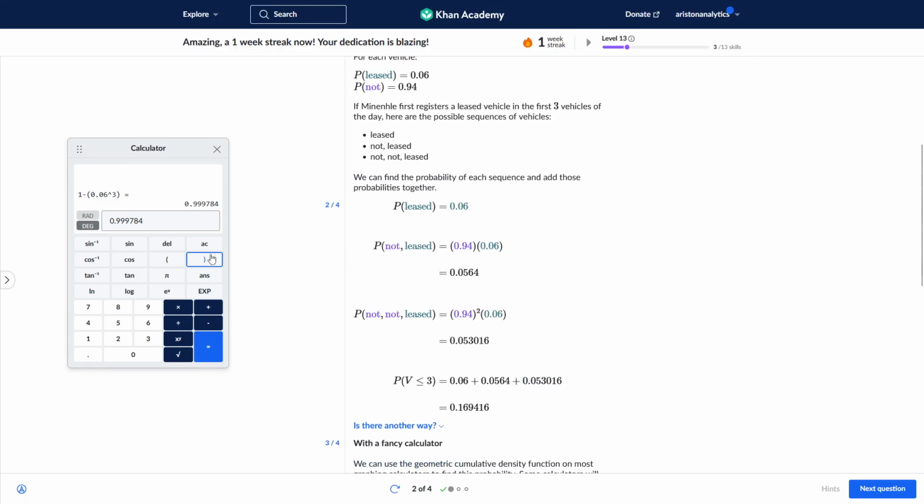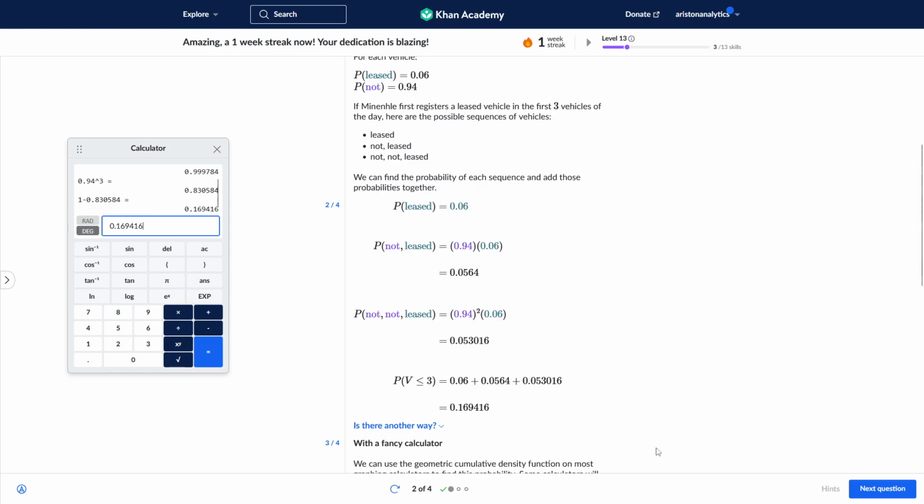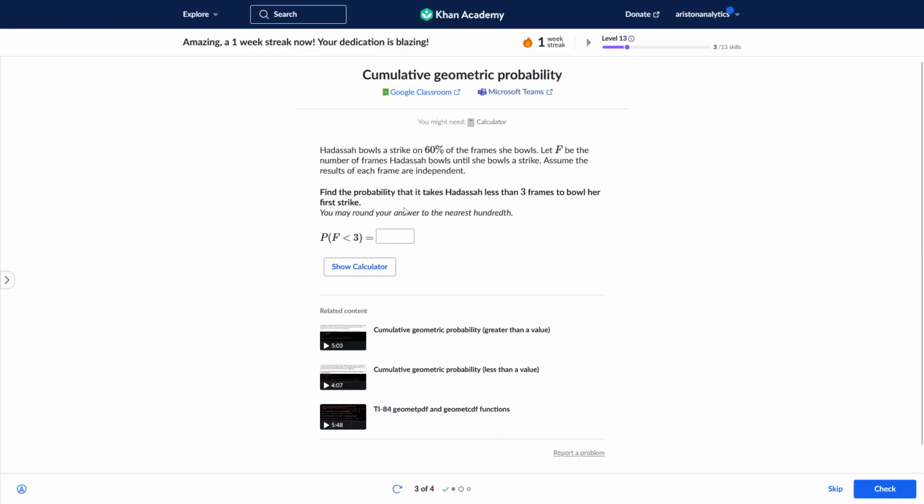Wait, hold on. Okay, what's the probability of going least? Not least, not least. Okay, well, careless mistake. I was on the right path.